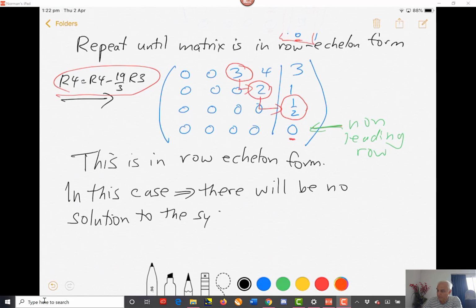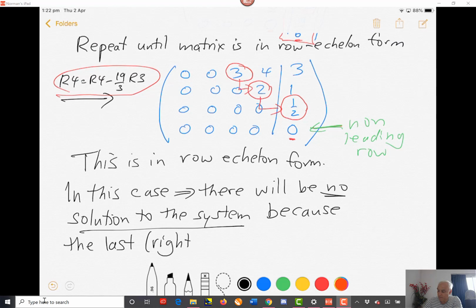How do we know that? That's because the last column, which is the column on the right side, is a leading column.